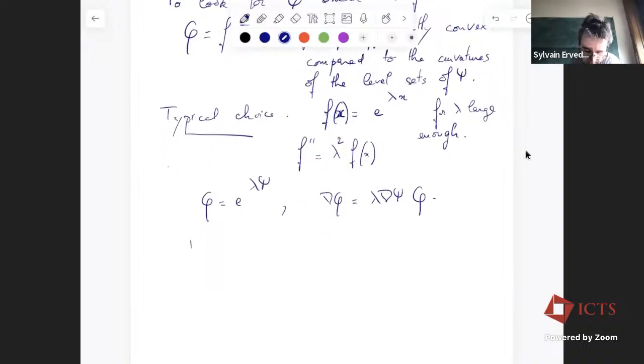So the Laplacian of phi is the divergence of the gradient of phi.